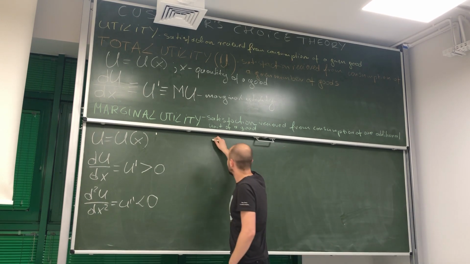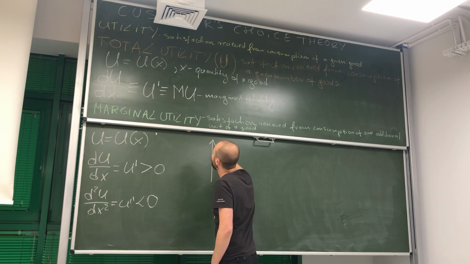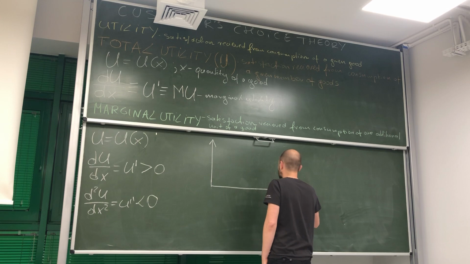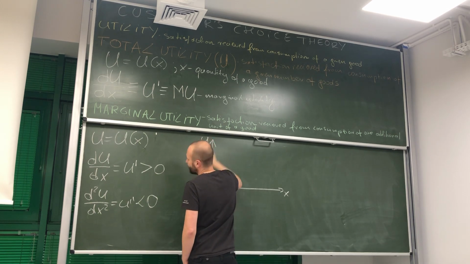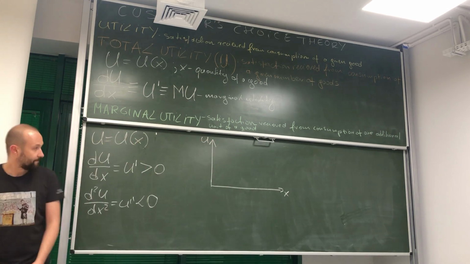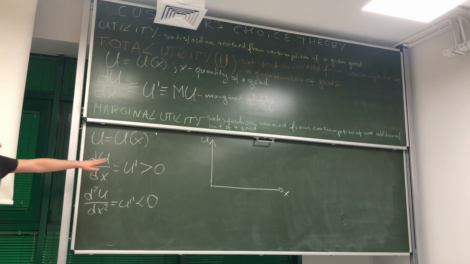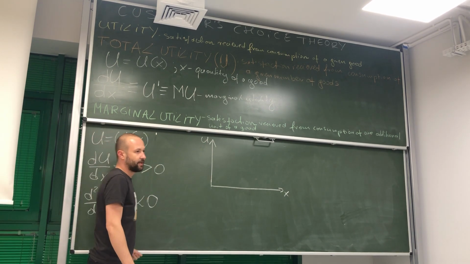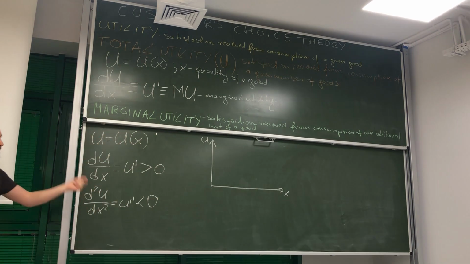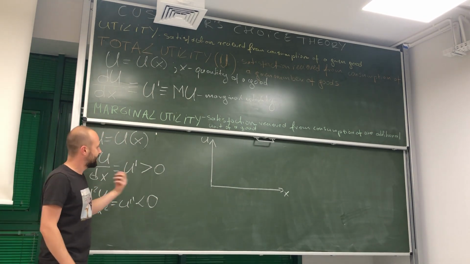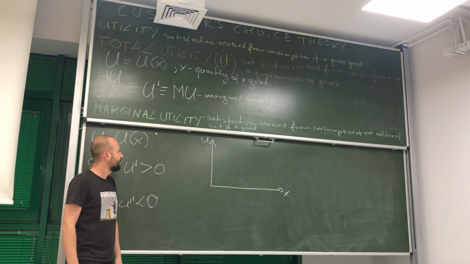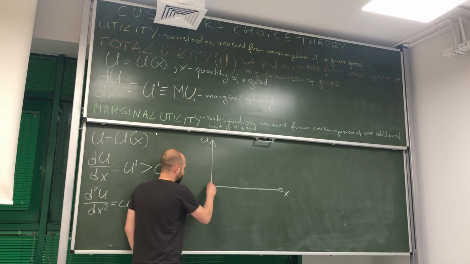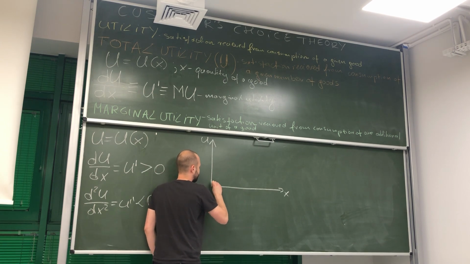Look, this means that if I want to draw the total utility function, so over here I'm measuring what is the total satisfaction taken out of the consumption of next and next and next unit of good X. The shape would go like this.